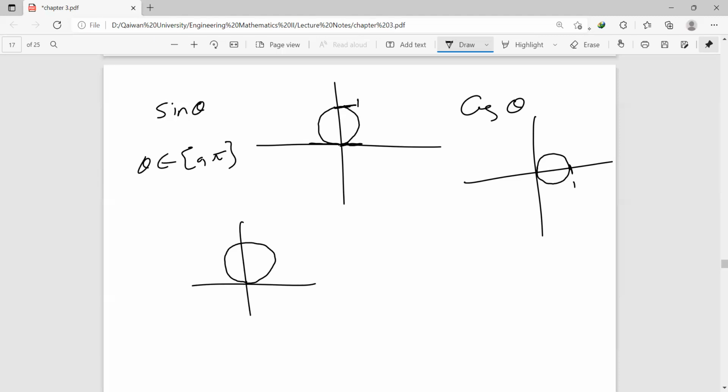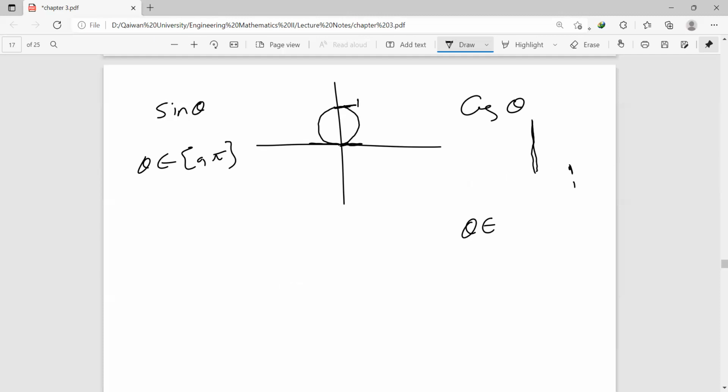Theta belongs to this. How about for cosine? What does the angle belong to? Theta belongs to from minus pi over 2 to pi over 2. Okay? It's starting from here to here. As you see, let me draw it again.